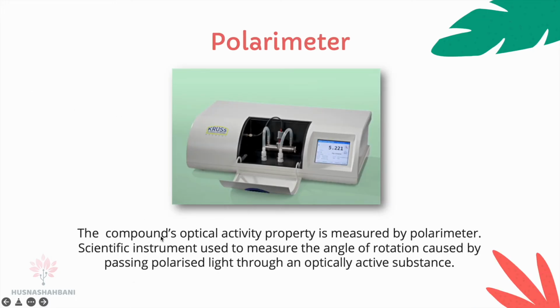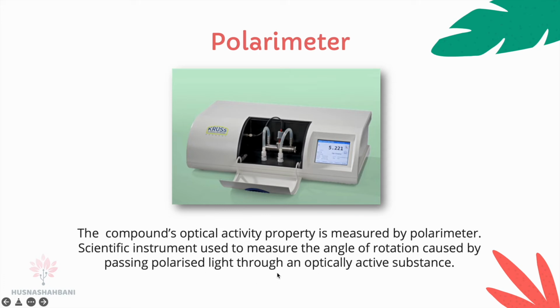Polarimeter. The compound's optical activity is measured by a polarimeter, a scientific instrument used to measure the angle of rotation caused by passing polarized light through an optically active substance.